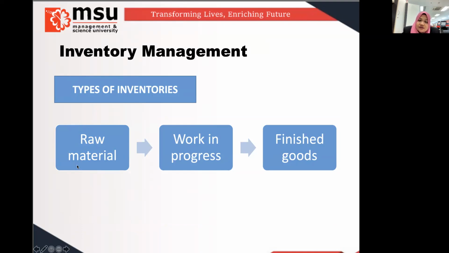So raw materials, it is not yet to be sold. Okay, it is a raw material. You need to use that to come up with your own product. Work in progress, they are something that you have done to the raw materials, but it is not yet finished. And then finished good is the products that are ready to be sold to customer. So this is inventory management.